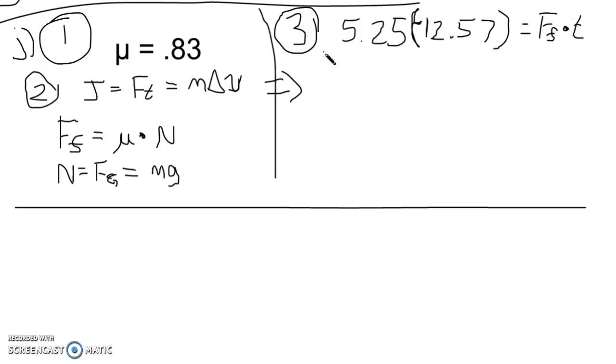Now we have two variables here. Let's solve for force of friction. Force of friction equals 0.83 times force normal. What is force normal? It is 9.8 times the mass, 5.25. And actually you could substitute this in right now and cancel, because you have 5.25 on both sides, but I didn't do that.